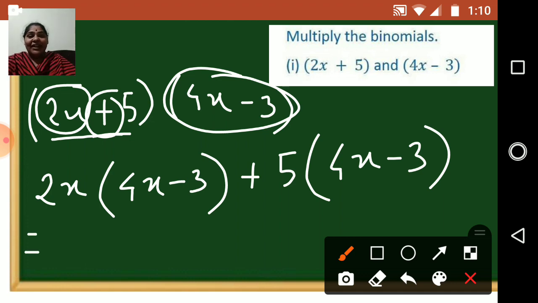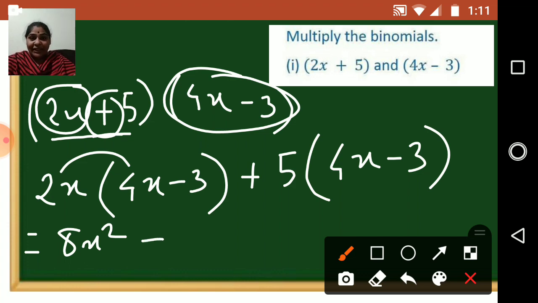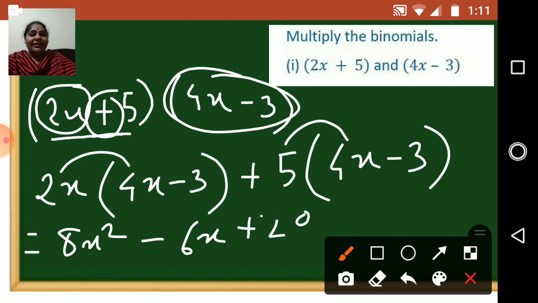Now let us multiply. 2x multiplied by 4x will be 8x square, minus 2x multiplied by negative 3 will be 6x, plus 5 multiplied by 4x will be 20x, and 5 multiplied by negative 3 will be negative 15.